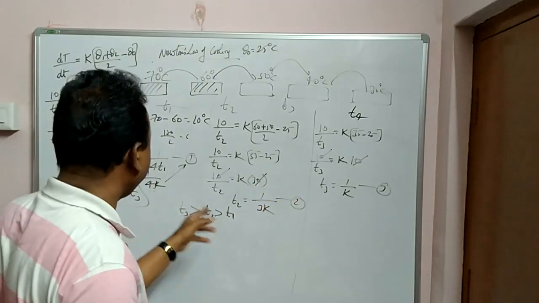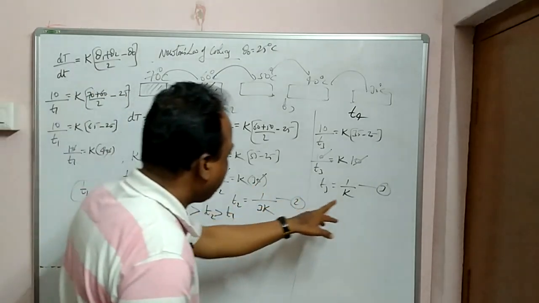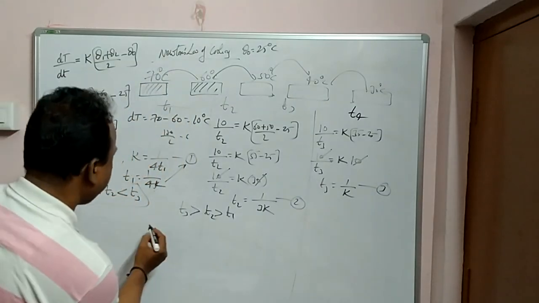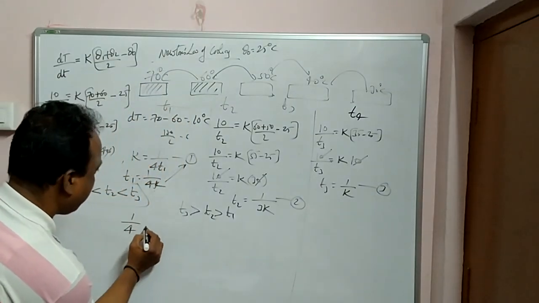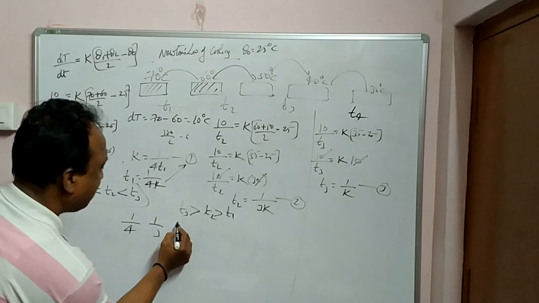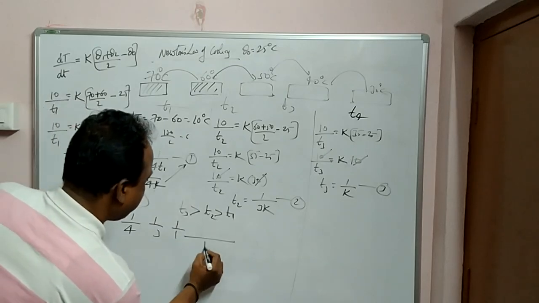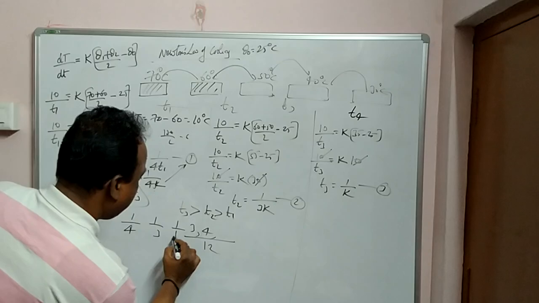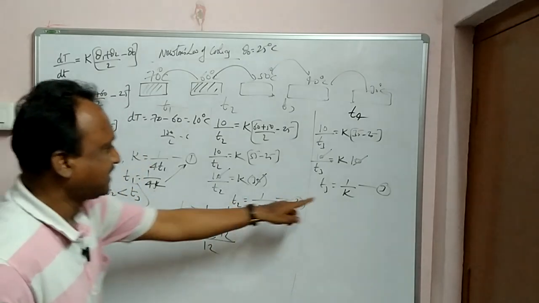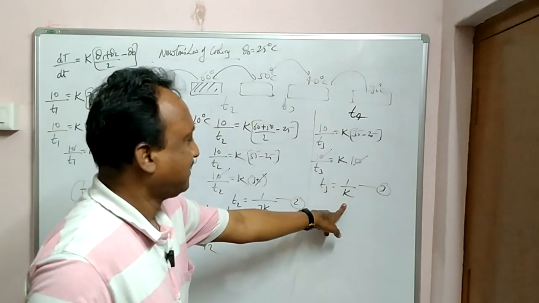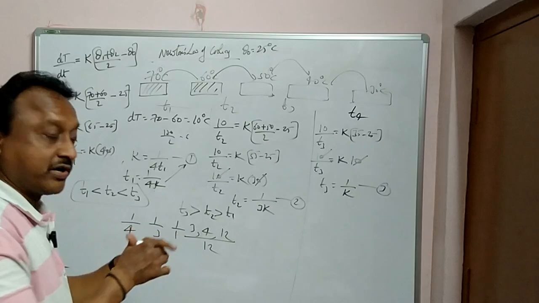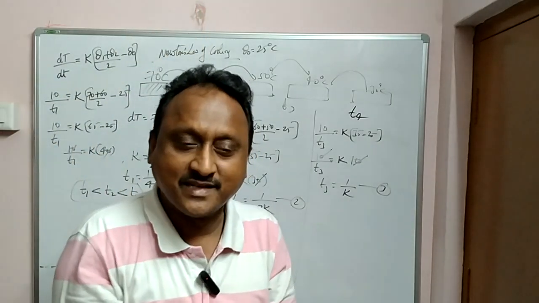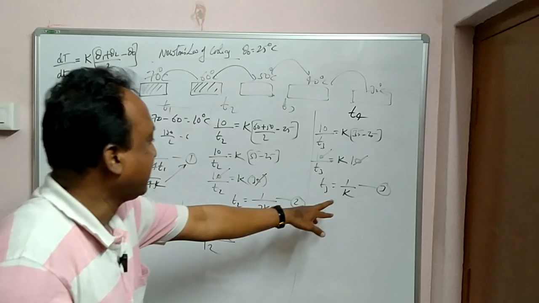Taking 4, 3, 1, which is larger? Even if you take the LCM, which is 12, you can find out. If the denominator is more, the value is less; if the denominator is less, the value is more.